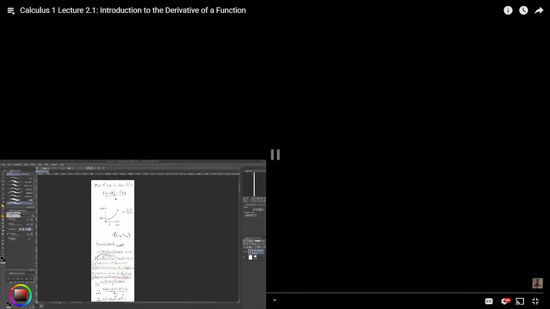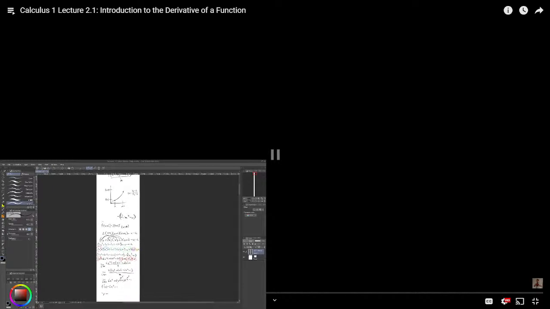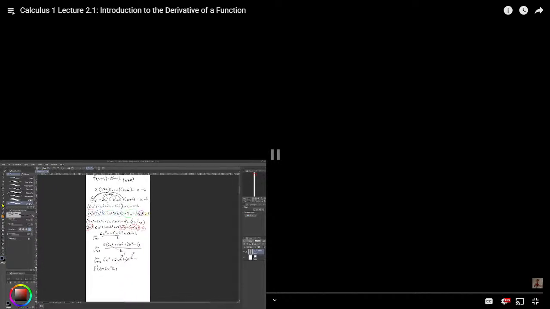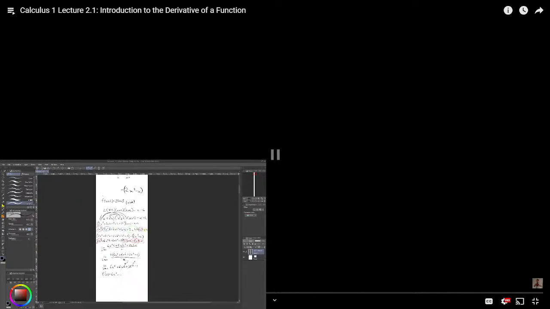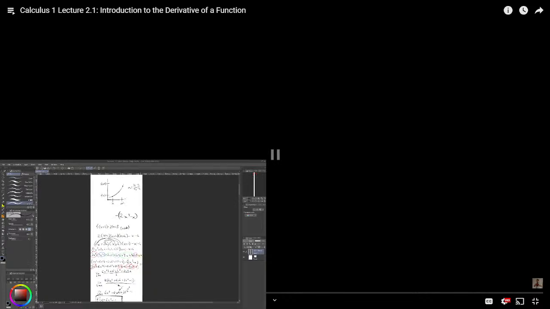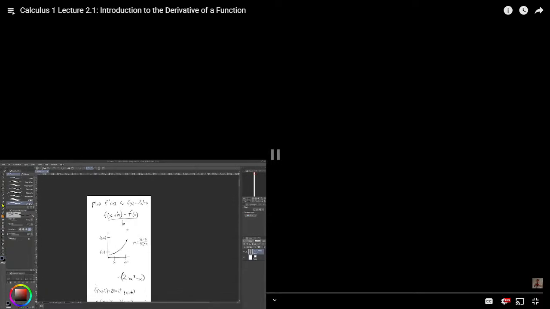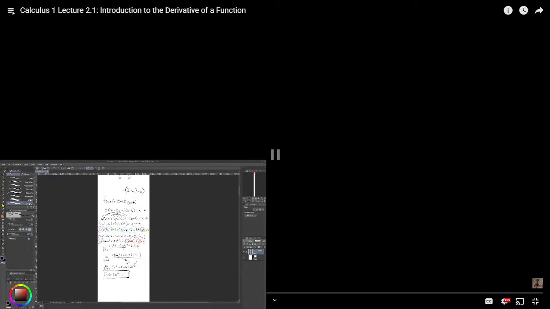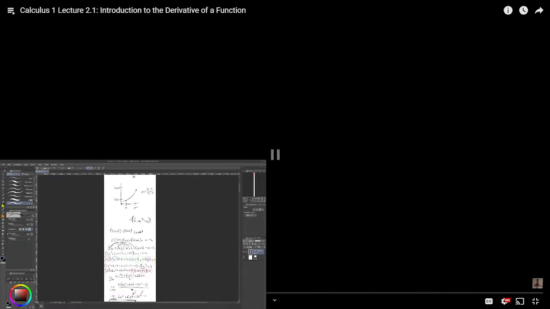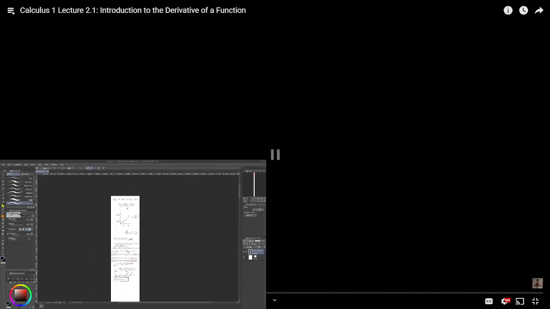Oh, no, we can't do that without a point. Yes, this is the slope of the curve at any point, because he didn't give a specific point, so we also can't find the equation of the line.